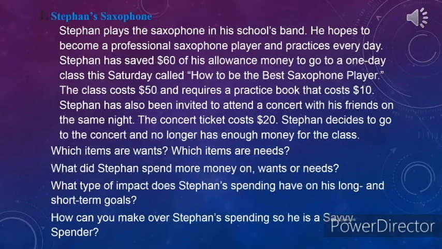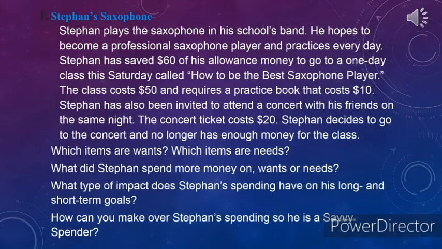The class costs $50 and requires a practice book that costs $10. Stefan has also been invited to attend a concert with his friends on the same night. The concert ticket costs $20. Stefan decides to go to the concert and no longer has enough money for the class.